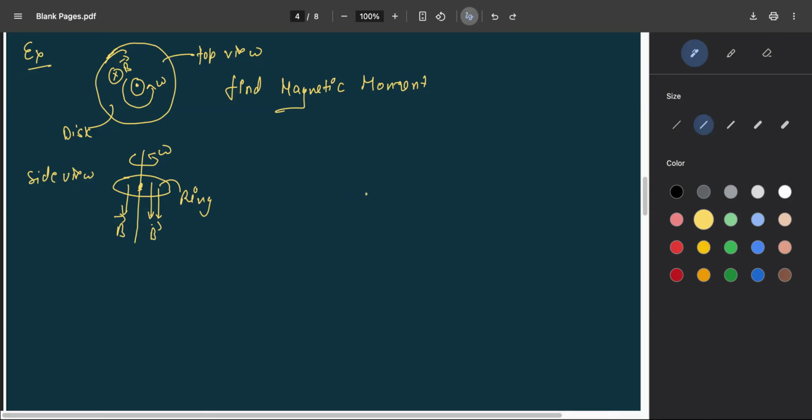So this makes it difficult. It's better to calculate the ring first, then we can go to the disk in future if we want. Take 3 minutes, not more than that. Let me know the answer.